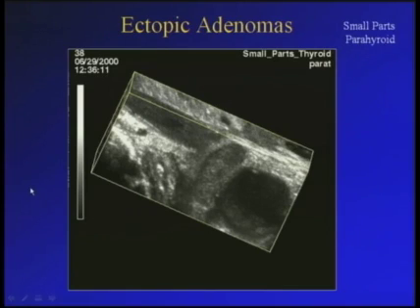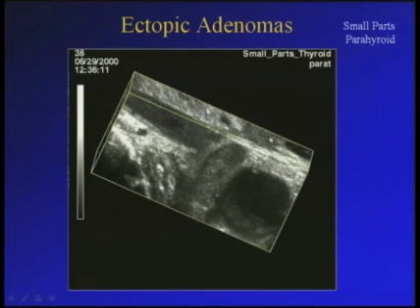The parathyroid adenomas also can be found in an ectopic position. In this case, we have a three-dimensional reconstruction. Here we have the subclavian artery. Here we have the carotid artery, and we have two structures here, two hypoechogenic structures. Here, this is one.